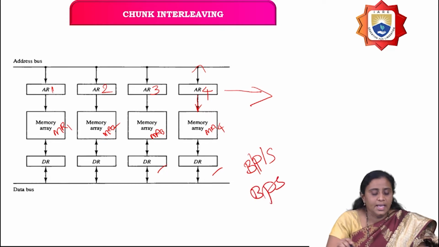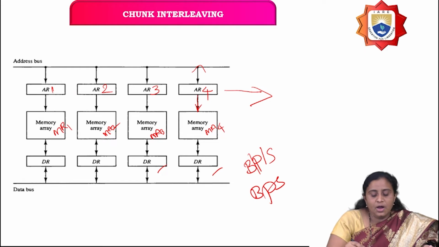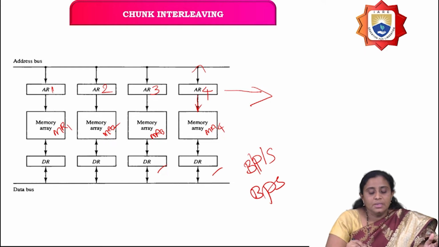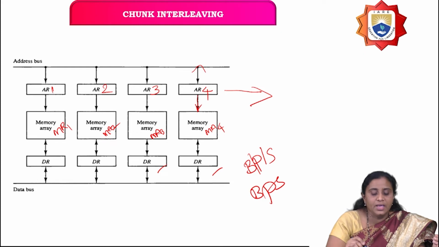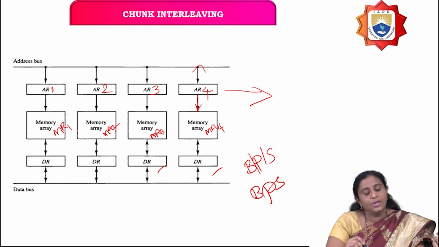After the address bus is passed holding one data frame along with the address registrations, it interleaves by sending to the memory arrays.